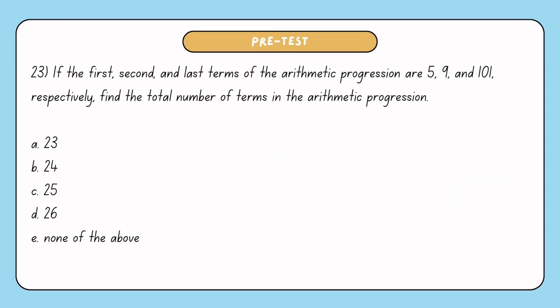Number 23. If the first, second, and last terms of the arithmetic progression are 5, 9, and 101 respectively, find the total number of terms in the arithmetic progression.